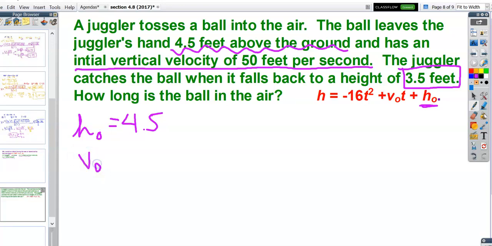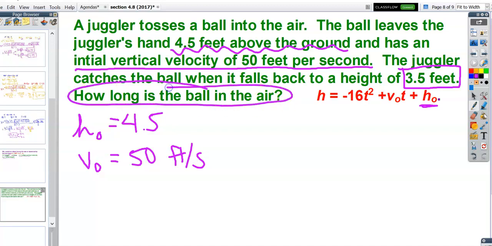So our initial velocity will be 50 feet per second. And then the juggler catches the ball when it falls back to a height of 3.5 feet. So the question is asking us how long is the ball in the air. So the variable that we need to solve for is t, and we need to solve for t when our height equals 3.5 feet.